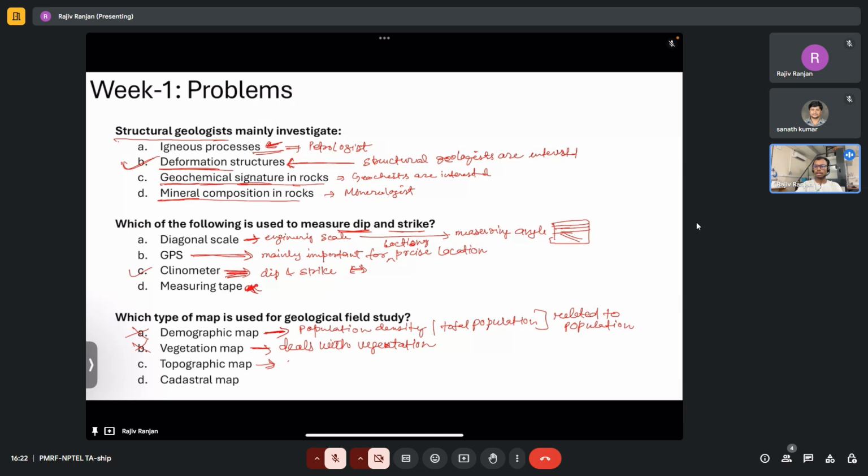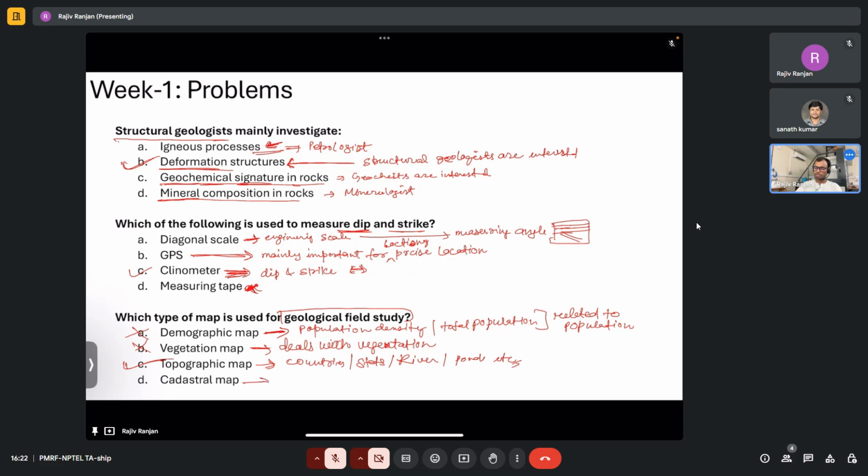So a topographic map deals with, you will see countries, states, rivers, ponds, etc. So it includes all such topographical features. So in general, in a geological field, we use a topographic map.